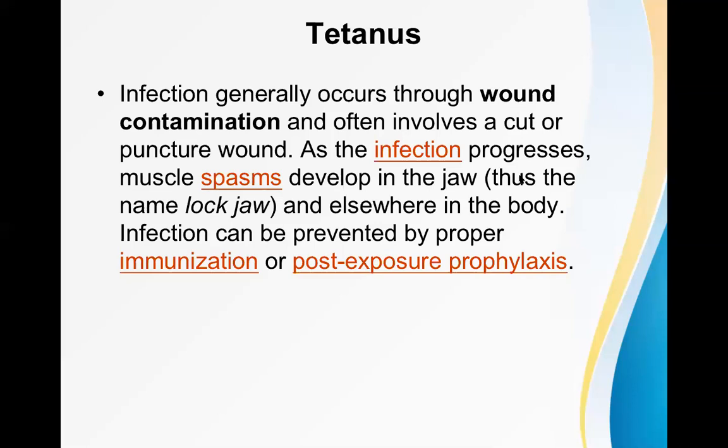After that injury or wound happens, we have to give certain things so that the disease will not occur. This is called post-exposure prophylaxis, and there are many different things we have.